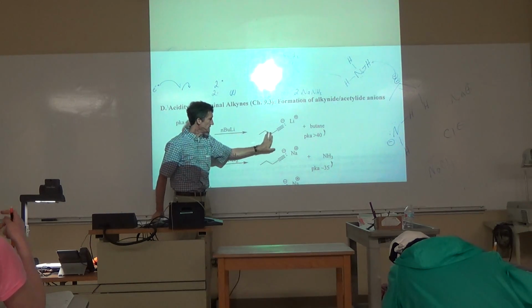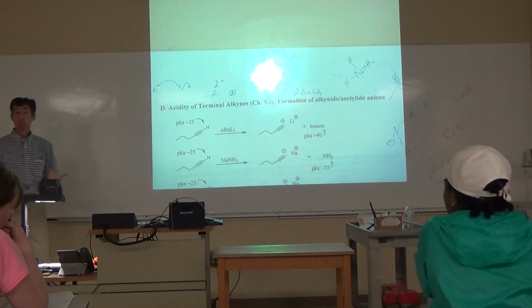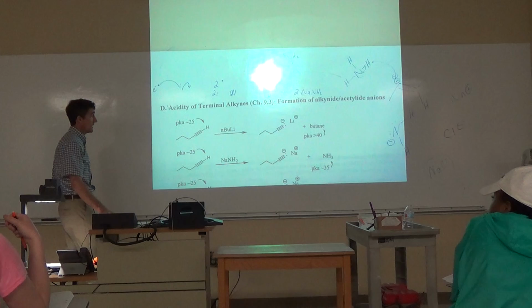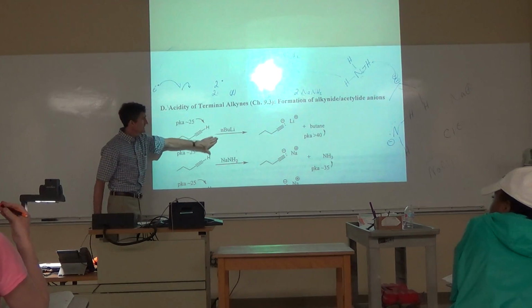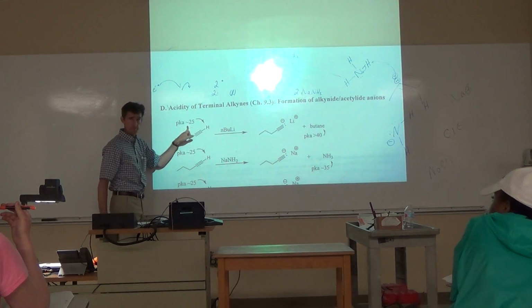It's not that electronegative, right? You'd rather make a minus on an oxygen or a bromine. That's why HBr is so acidic. But a terminal alkyne, that CH, has some acidity, and we can deprotonate it. The pKa is about 25.